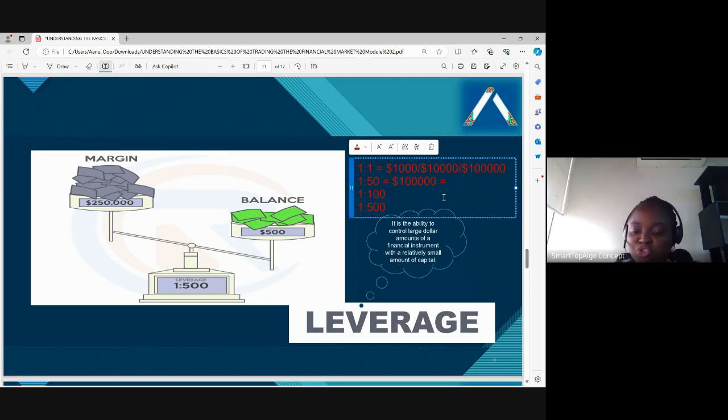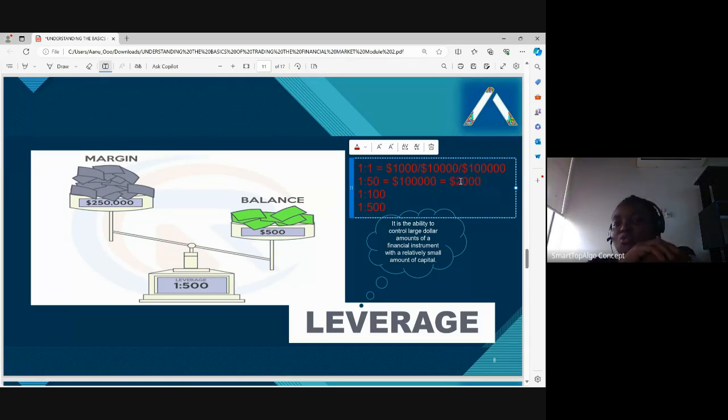So if you choose a leverage of 1:50, 100,000 divided by 50 is 2,000. So it means that if you use a leverage of 1:50, the lowest you can have to trade is $2,000.